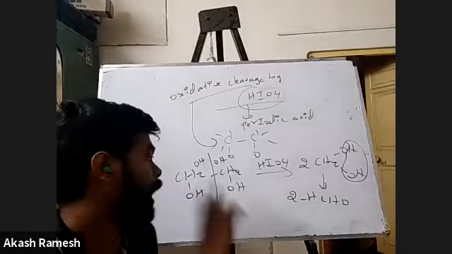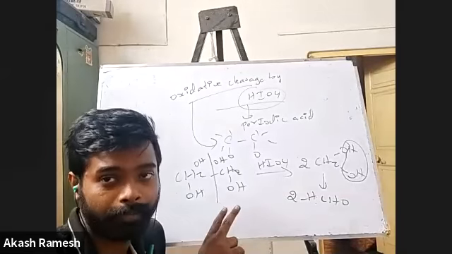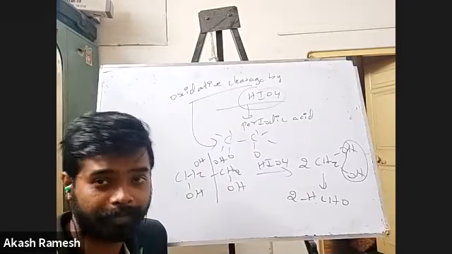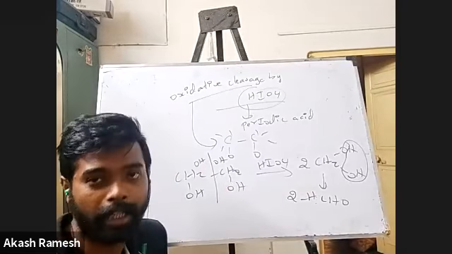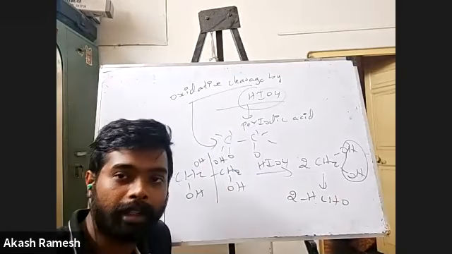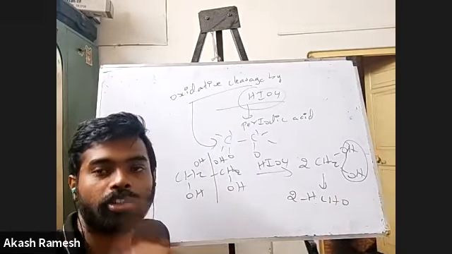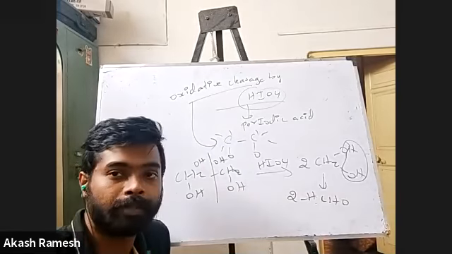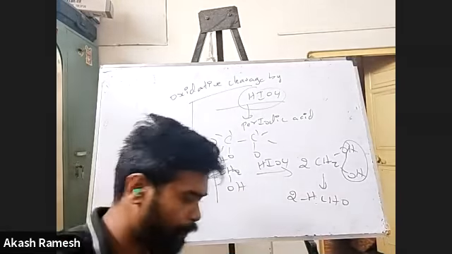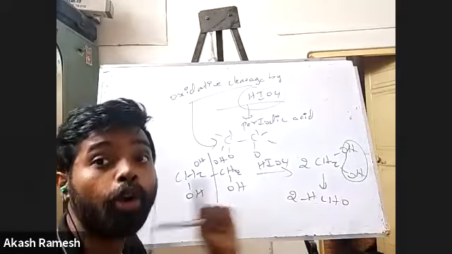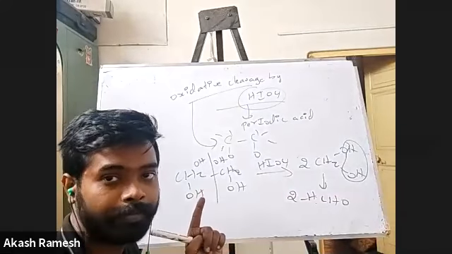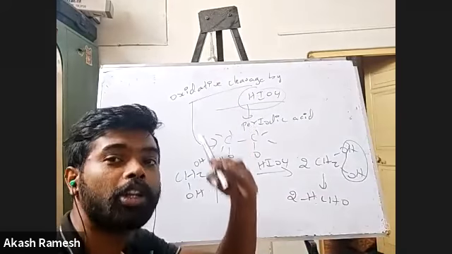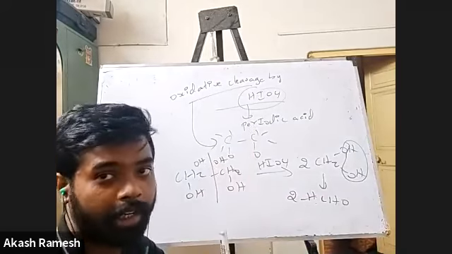So this will happen when I have HIO4, and if I have 2 carbon atoms consecutively having OH groups or any other form of oxygen, you will break that bond, put OH on both sides, and get the product. Now the best example I can give you for HIO4 is glucose. You see there are 6 carbon atoms continuously having oxygen atoms.